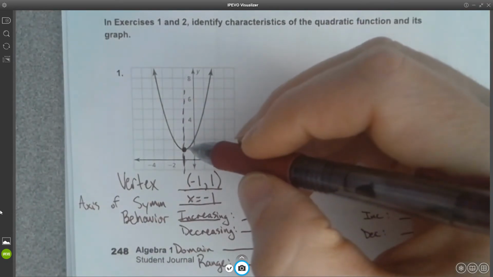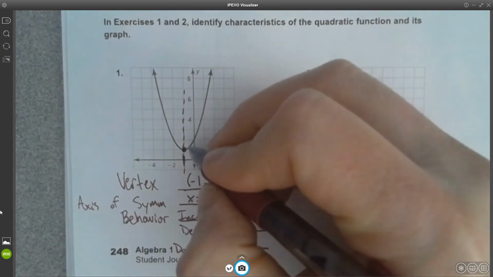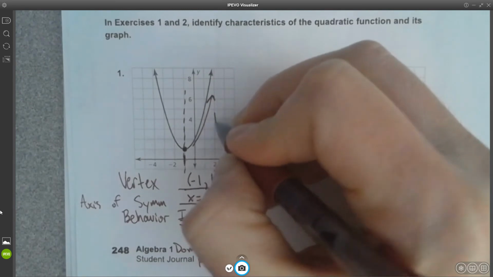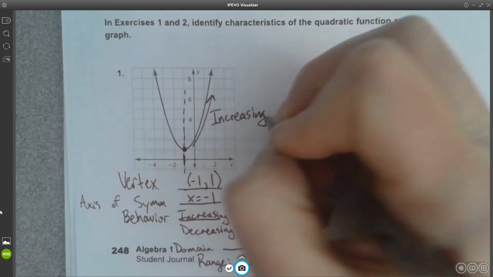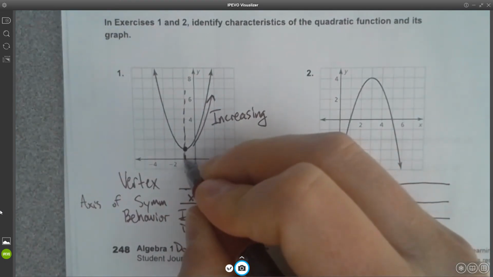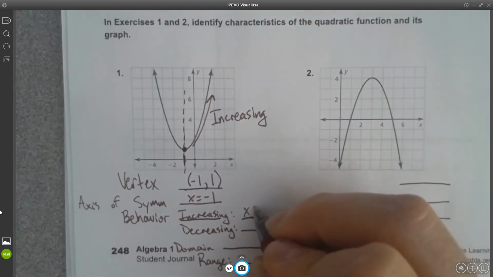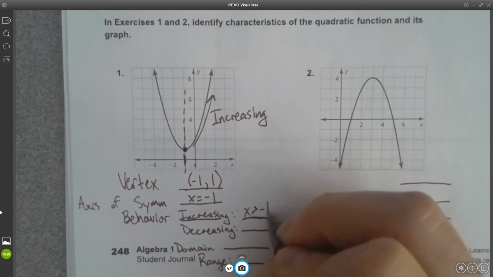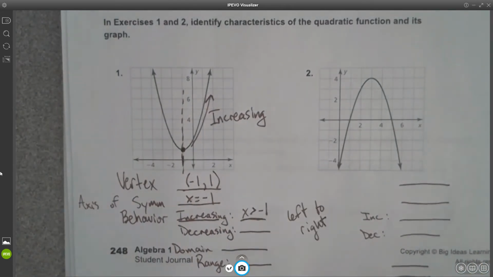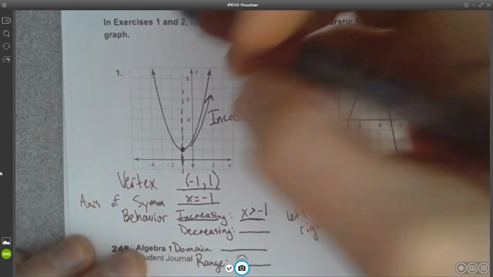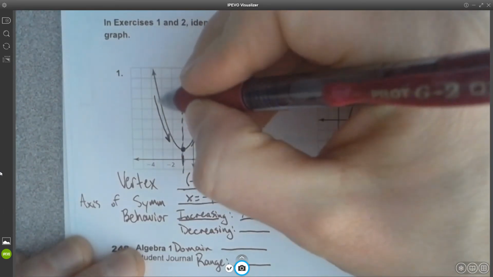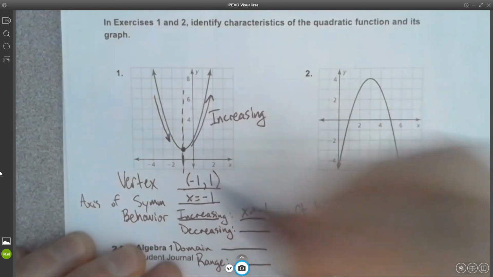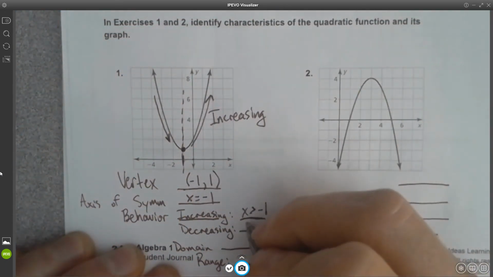Which side of this graph is increasing? It's increasing here on the right side. That's my increasing side. So for that, that's everything to the right of x equals -1, so it's x greater than -1. And this graph is decreasing on the left side here as I read left to right. It's going down on the left of -1, so at x is less than -1.